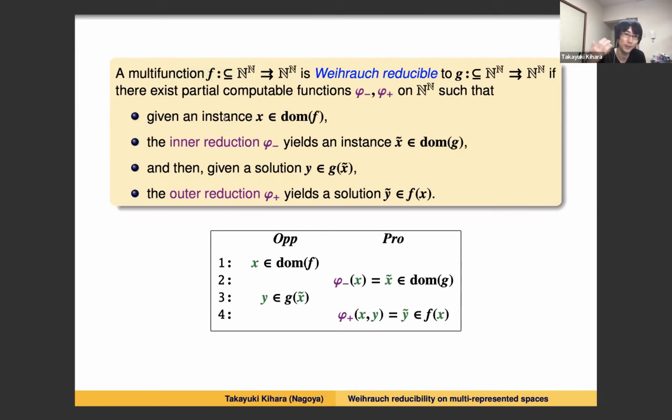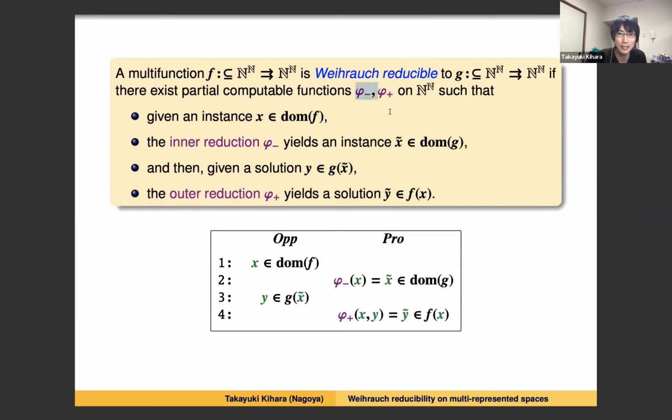In the case of Baire space, the definition is relatively simple. So I read it: a function f is Weihrauch reducible to g if there exist partial continuous, partial computable functions, phi minus and phi plus.